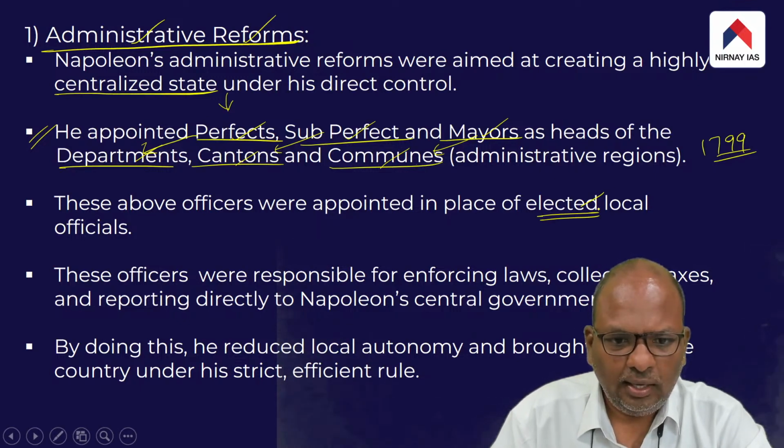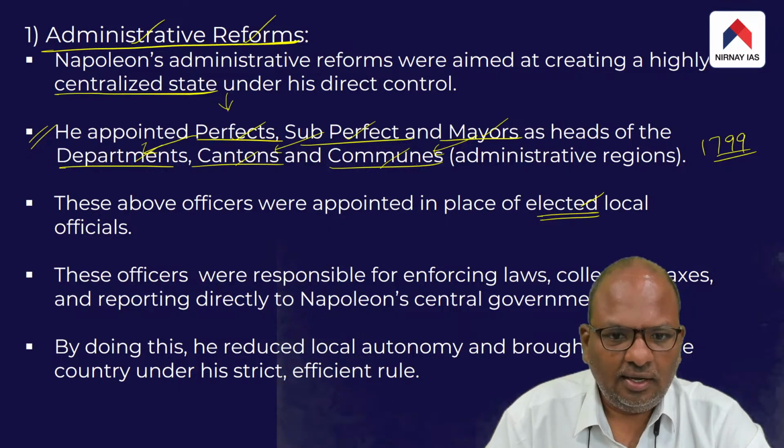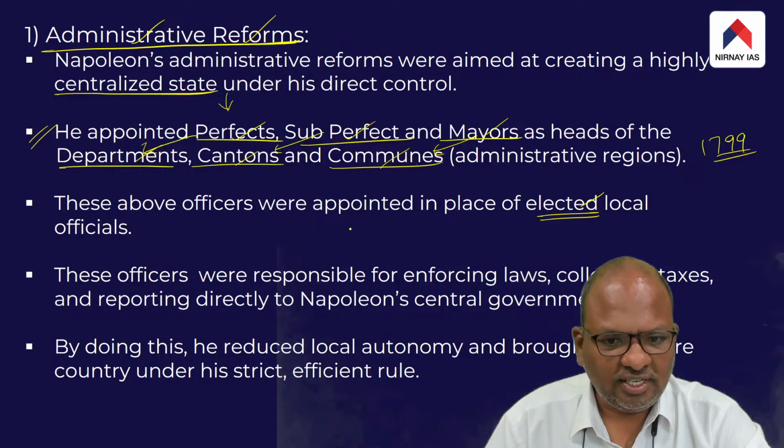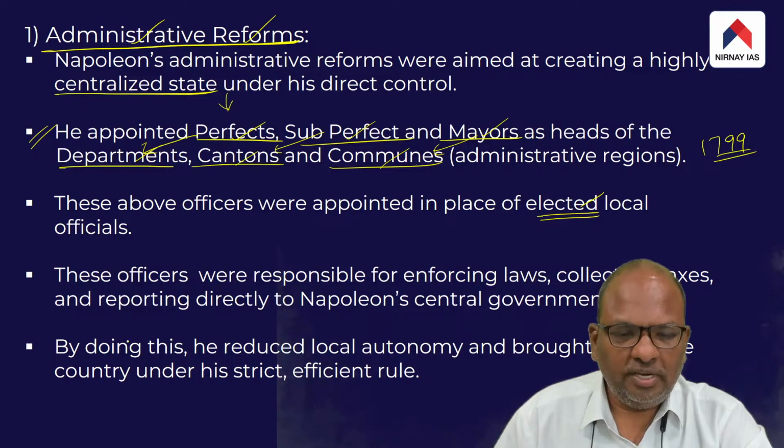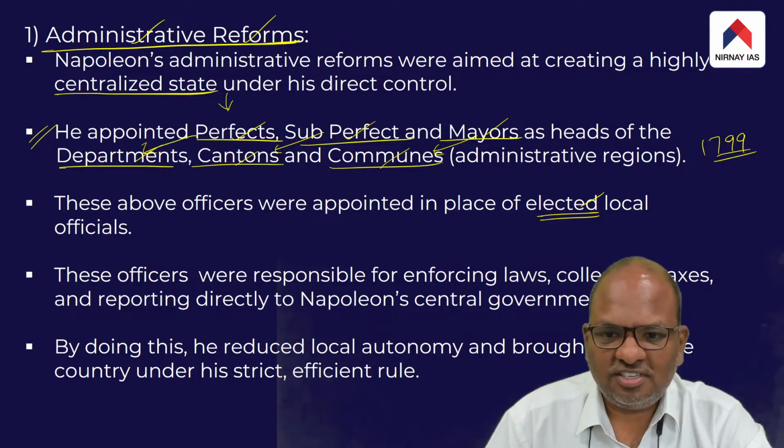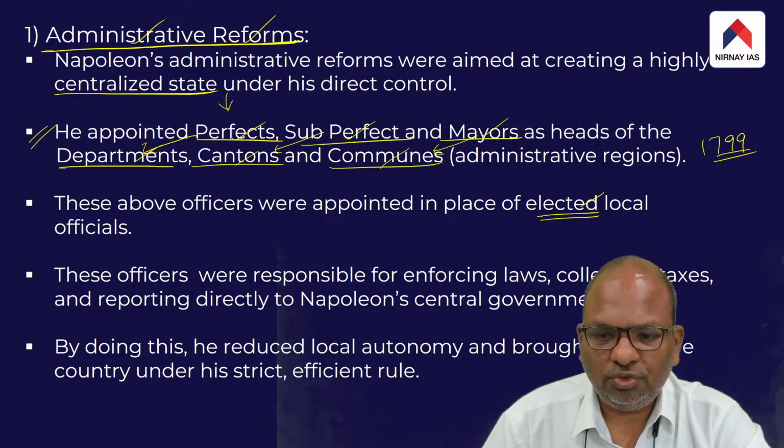So basically, before 1799, the officers of these various administrative regions were elected by the people. He abolished the system of election for the appointment of officials to the various administrative regions, and he himself directly started appointing officials.